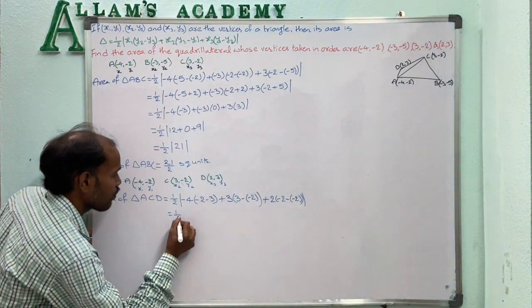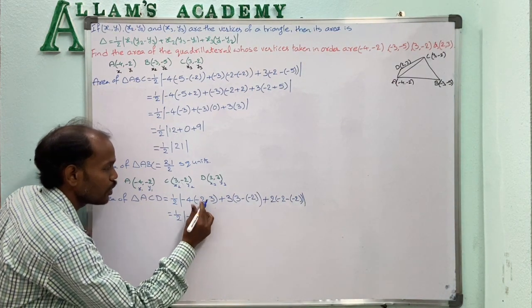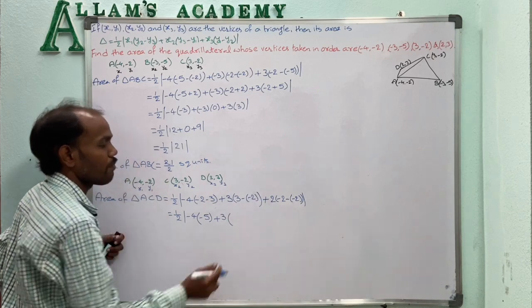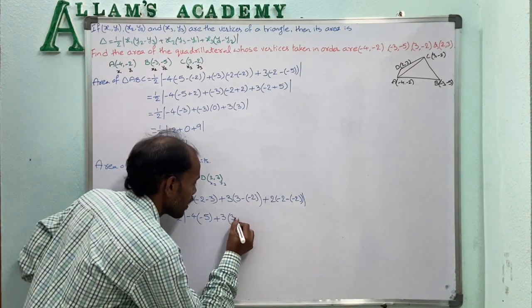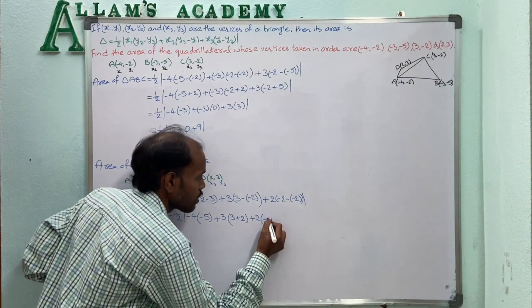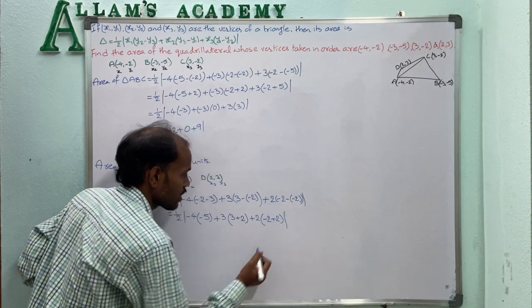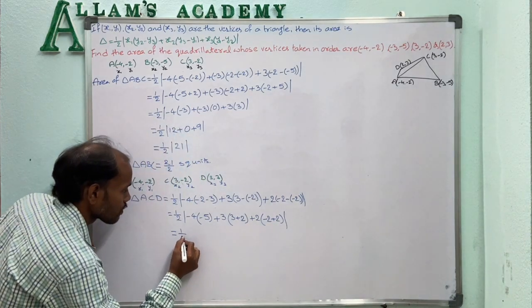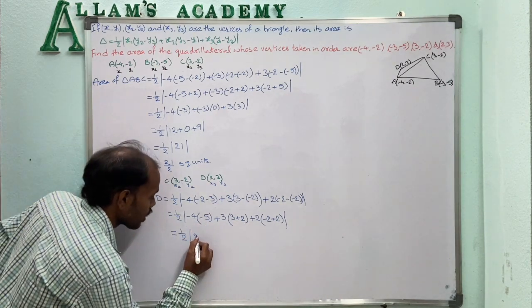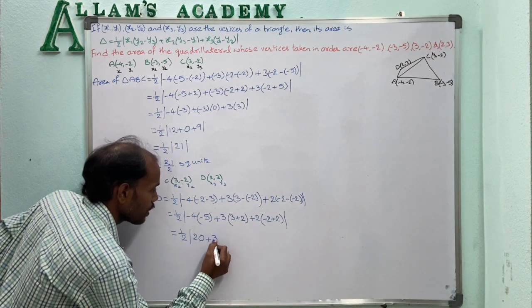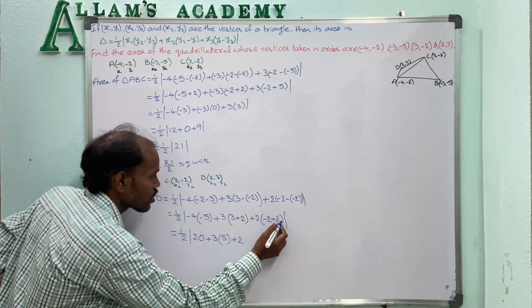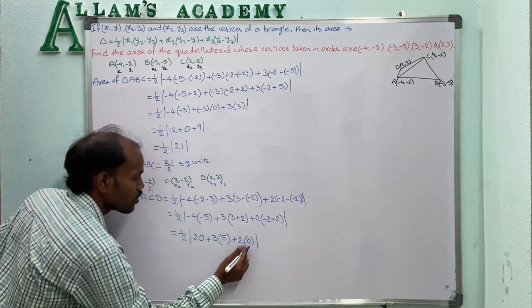That equals half of mod -4 into (-2 minus 3) is -5, plus 3 into (3 plus 2), since minus of -2 is +2, plus 2 into (-2 plus 2). So that equals half mod -4 into -5, which is plus 20, plus 3 into 5, plus 2 into 0. 3 into 5 is 15 and 2 into 0 is 0.